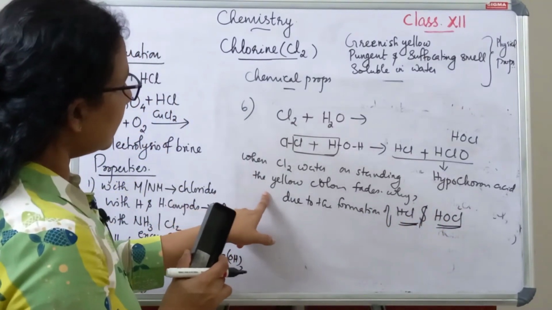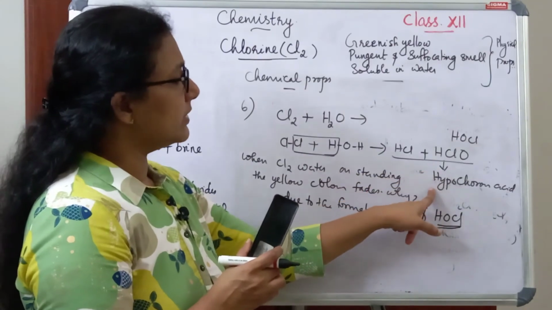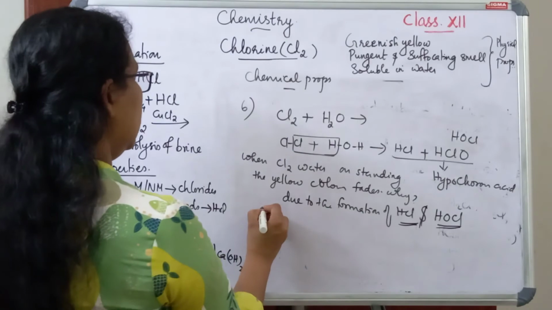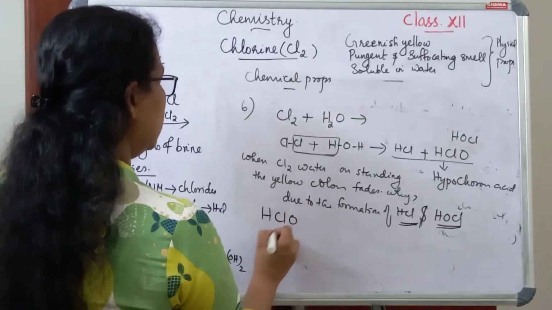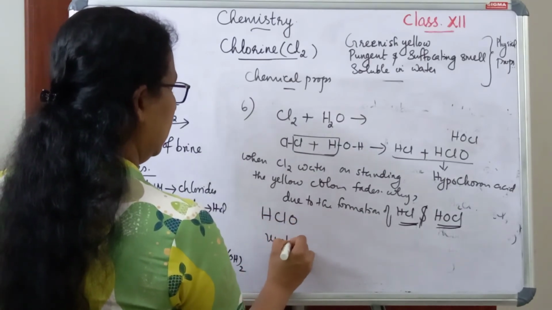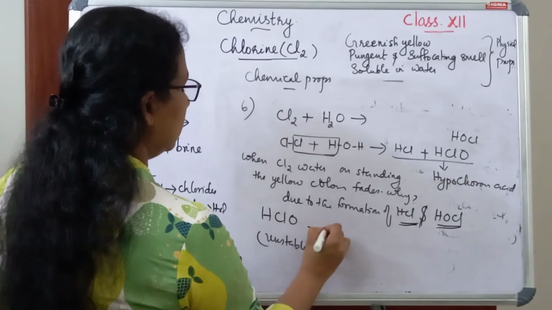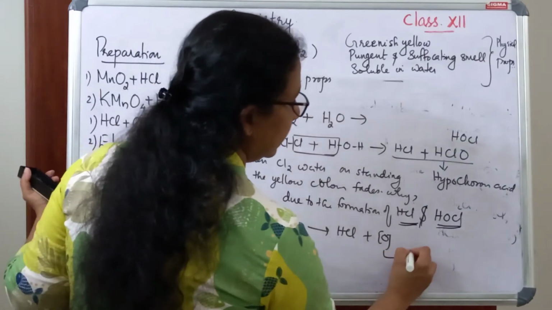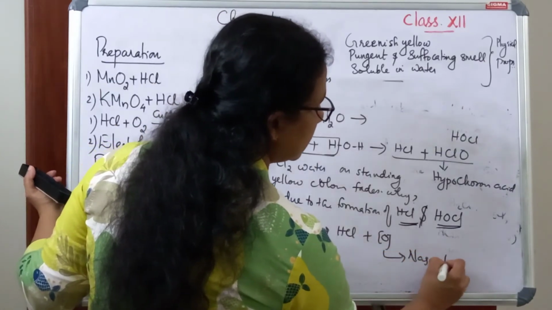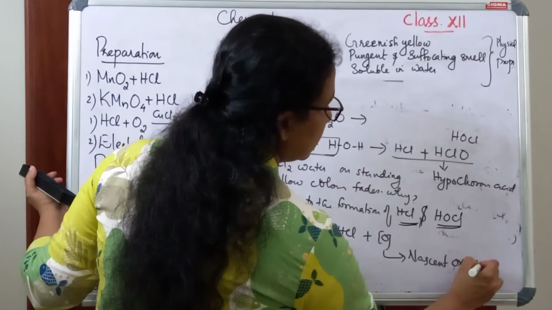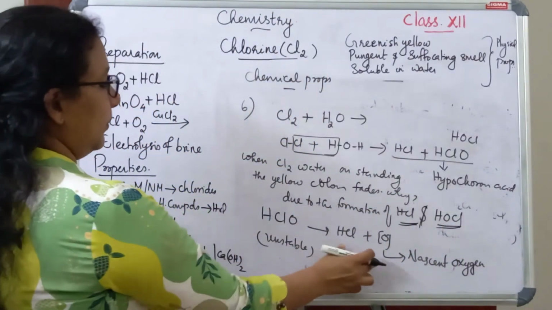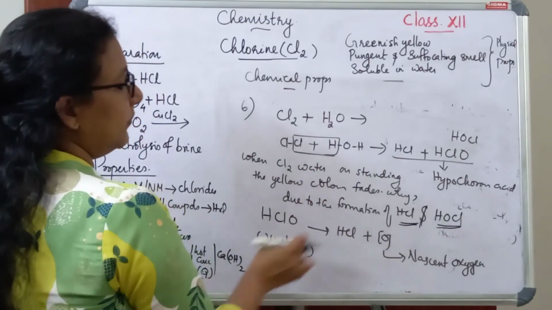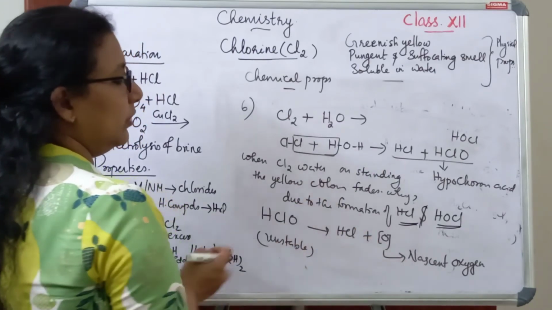In this case, hypochlorous acid is formed, and this hypochlorous acid is unstable. HClO is unstable, and it produces HCl and nascent oxygen. So this is another important point. This nascent oxygen produced by HClO is responsible for the bleaching property of chlorine.